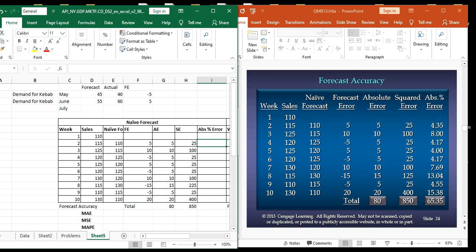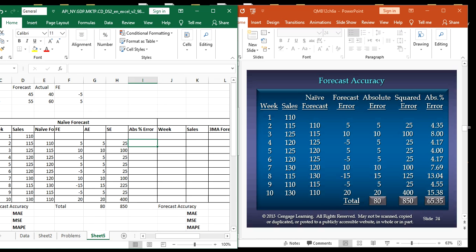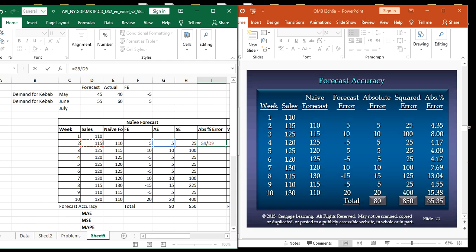So how do we calculate this actually? To find the percentage change of absolute error, we're going to divide the absolute error by the actual value, which is the sale here. I'll drag this down up to here and then copy this here.